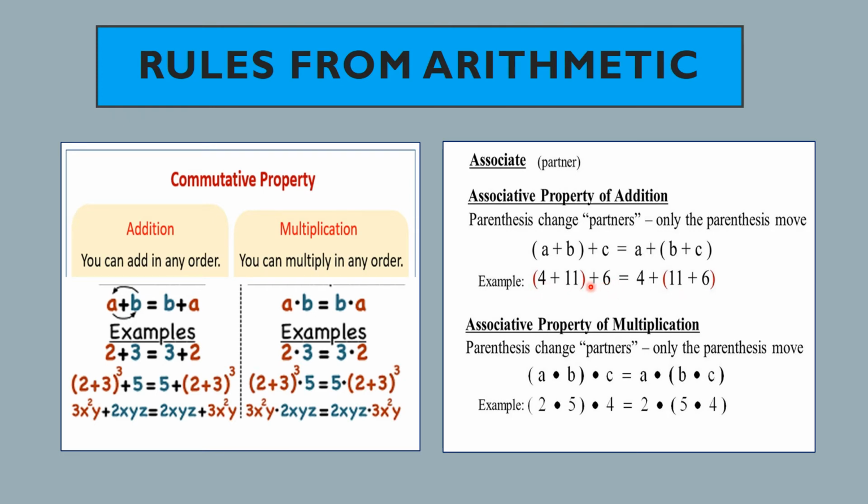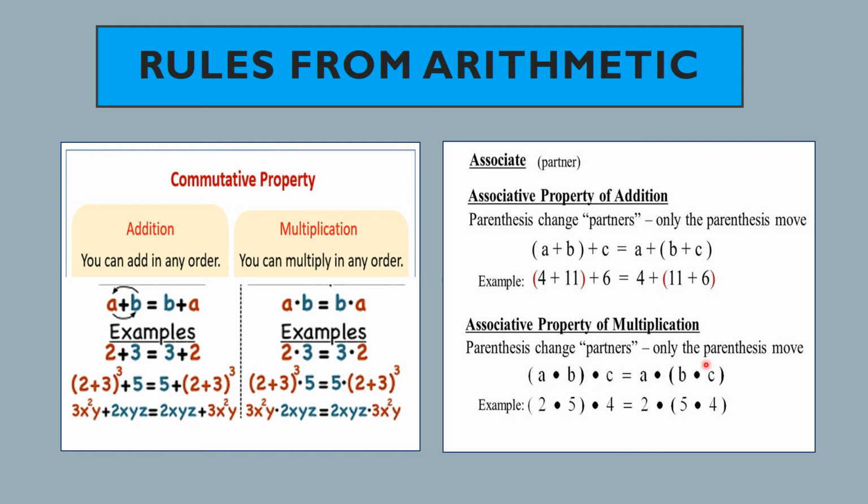That is 4 + 11, you get 15, plus 6, 21. And 11 + 6 is 17, and 17 + 4 is again 21. So if you first add these two and then add this, or first add these two and then add this, if you change the order of adding, the answer will be the same.